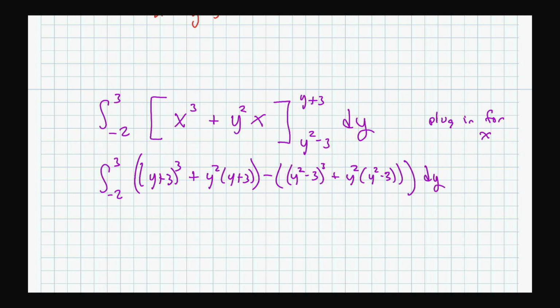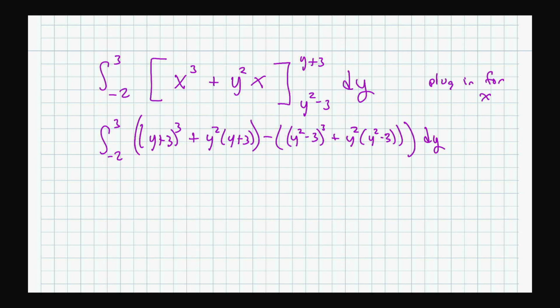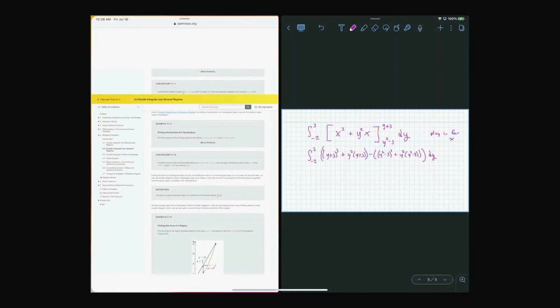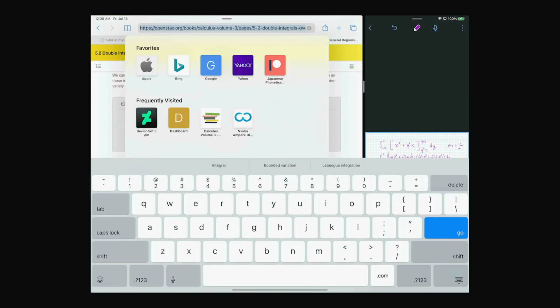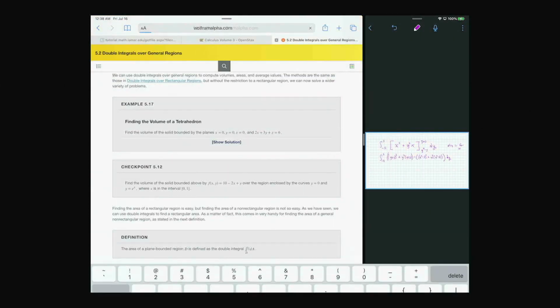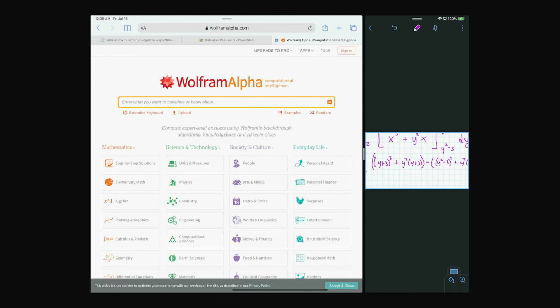Now, by the way, can you work this out? Yes, of course you can, right? You're all smart. You can work that out. You can cube things and so on. But probably if you're like me, you don't want to. And that's where you want to use your computational tools here.